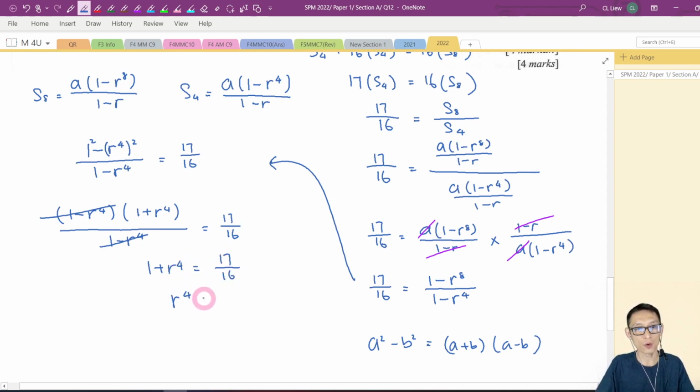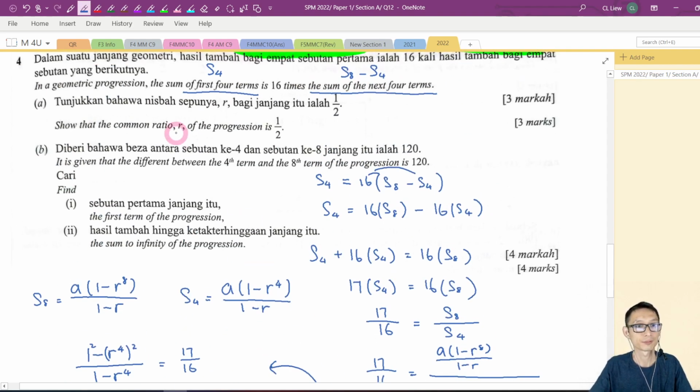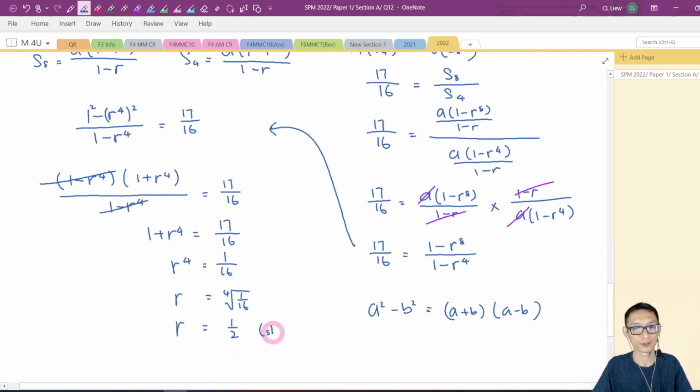So r power 4 is equal to 17 over 16 minus 1. You will get 1 over 16. So r will be equal to 4th root of 1 over 16. Just press your calculator. You will get 1 over 2. Okay, shown.